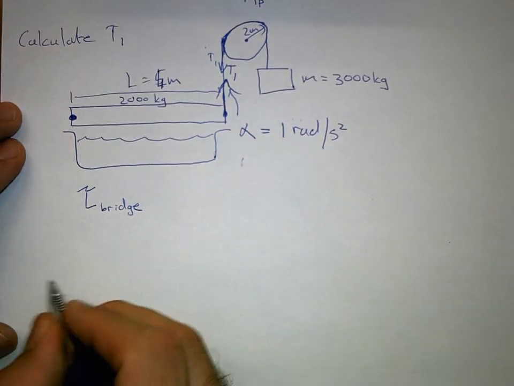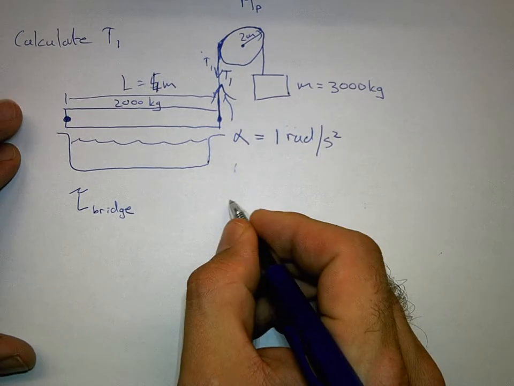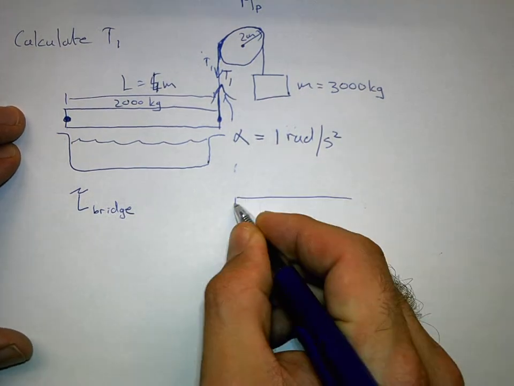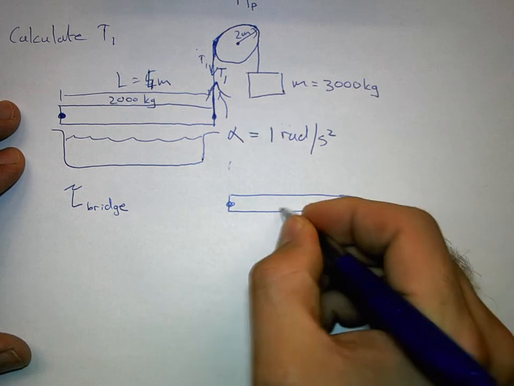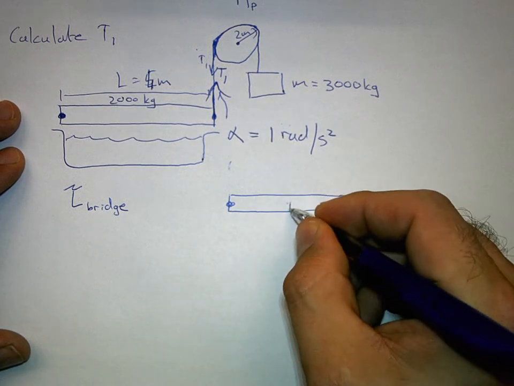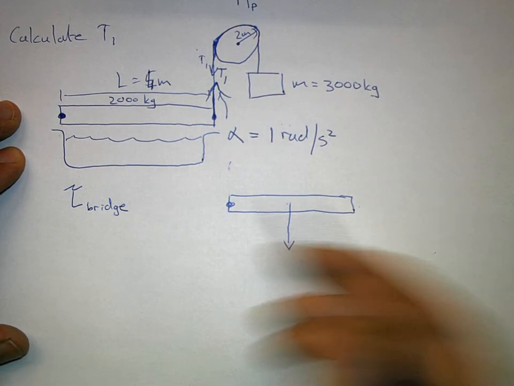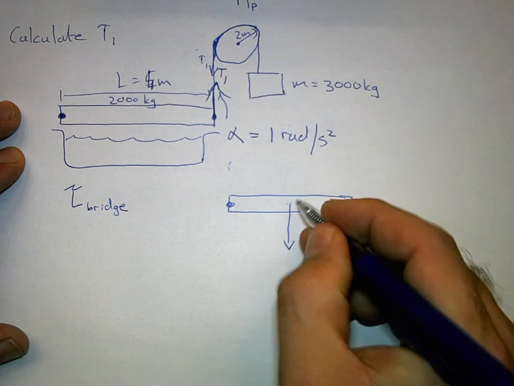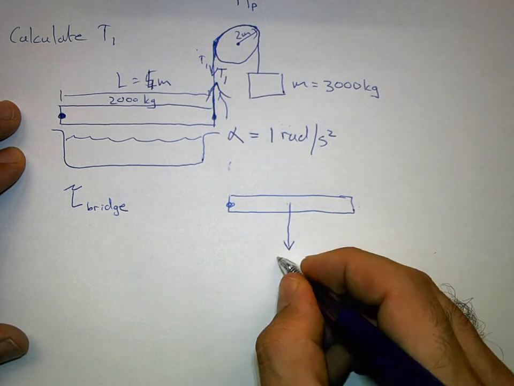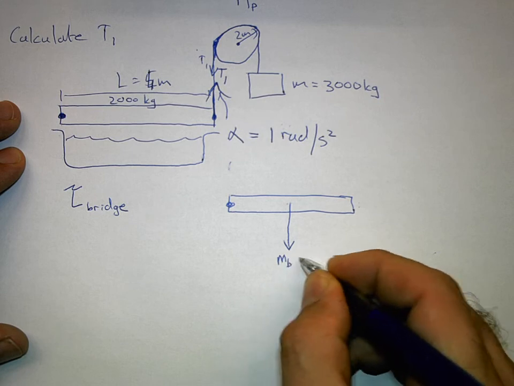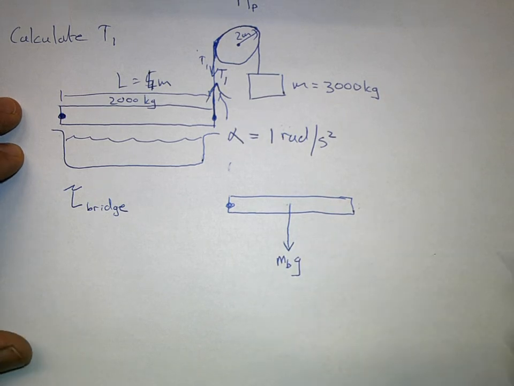So if I draw just the bridge on its own, we will have the weight applied at its center of mass, which, if this bridge has got a uniform mass distribution, will be at the geometric center of the bridge. So you will have the mass of the bridge times g downwards.